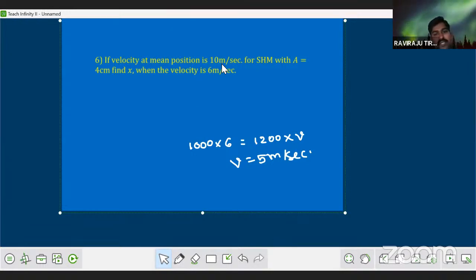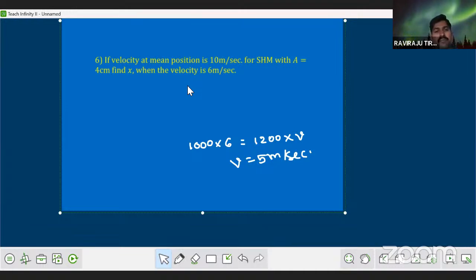Let me consider all are in centimeter per second, not in meters. So 10 centimeter per second for simple harmonic motion with amplitude A equal to 4 centimeters. Now the question is, find x when the velocity is 6 centimeter per second.